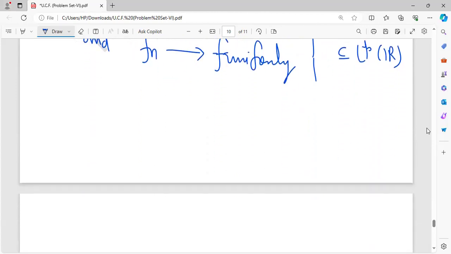Now you check the integral of this function, minus infinity to infinity of f(x) dx. What is this?